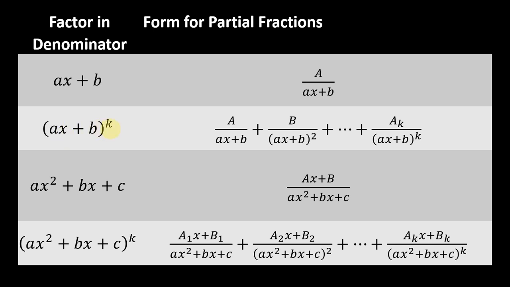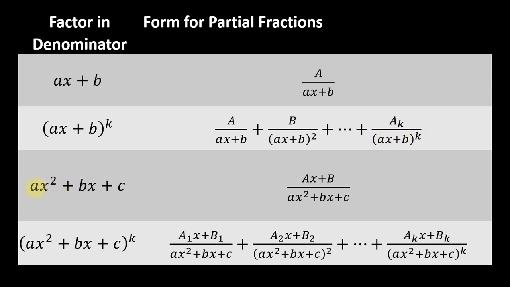Now when factors repeat, then you also have to repeat them in that partial fraction decomposition. So if I have k of these ax plus b terms, which are all linear, then I have to repeat that k times, and you just put a letter on top for each until you've gotten all k of those factors.